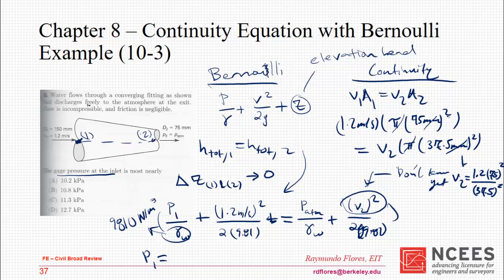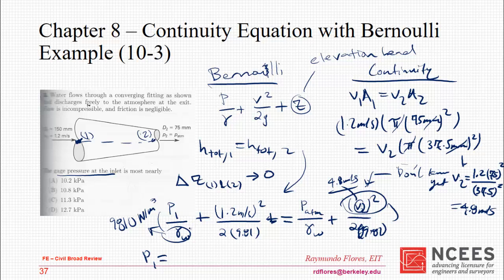And we're going to go ahead and compute that. 75 squared divided by 37.5 squared, so that's 4 times 1.2, and this is 4.8 meters per second, and that's what this is. That's 4.8 meters per second, and then we can just solve for P1.